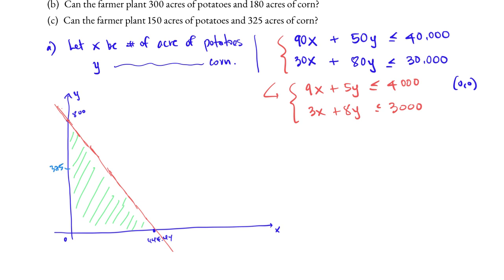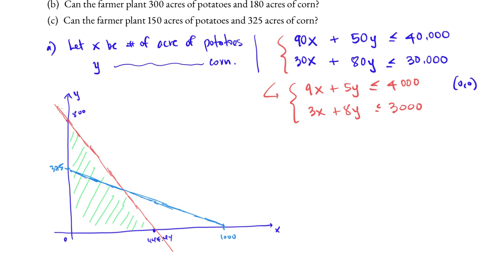And when y equals 0, we would have x equals 3,000 divided by 3, which is 1,000. And so the x-intercept is 1,000, not drawn to scale. And we would connect the 2 points to obtain a straight line. And again, this is a solid line because of the equal sign in the inequality.